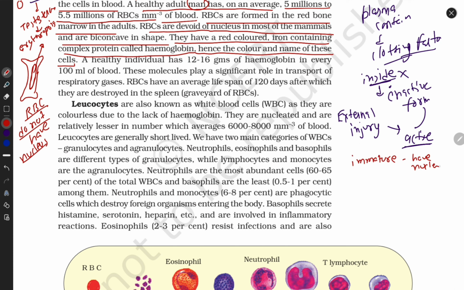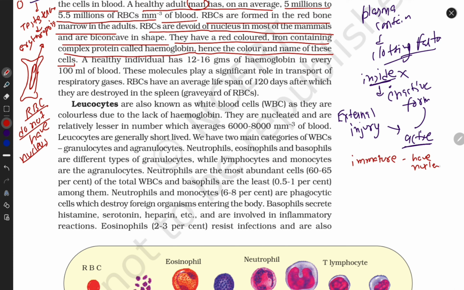Now, what is the function of RBC? They transport respiratory gases. I already told you they carry oxygen and CO2. We always say that we take in oxygen and exhale CO2, because our hemoglobin can only bind with oxygen or CO2.